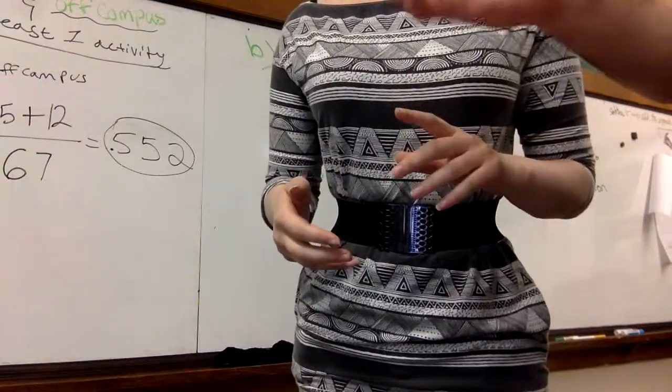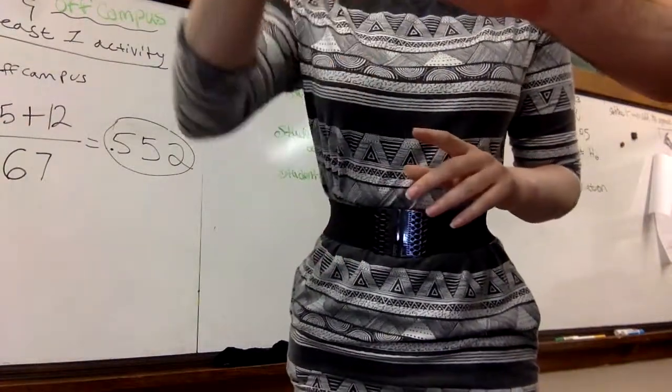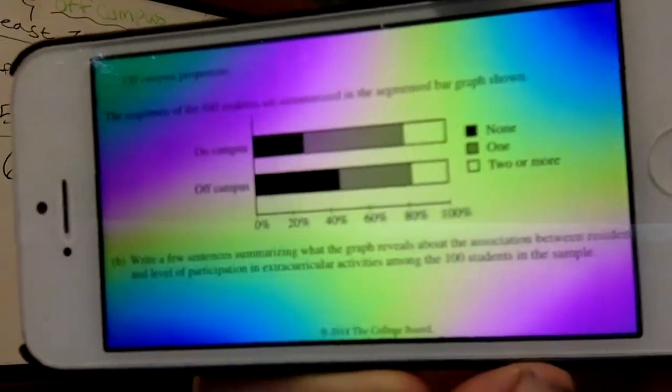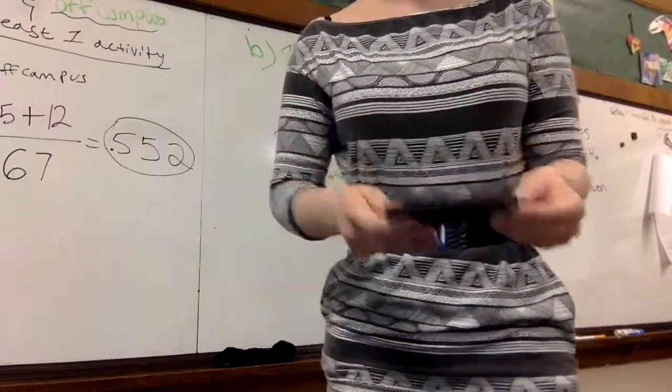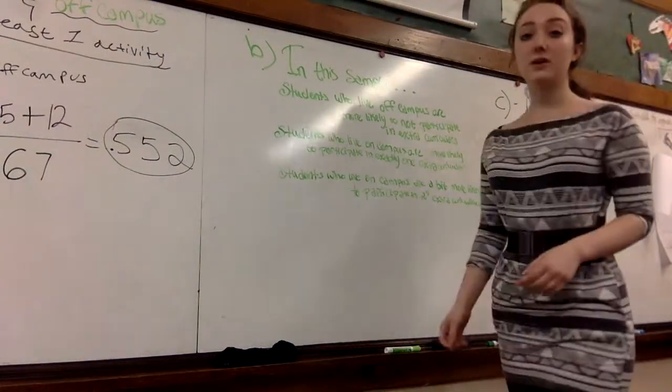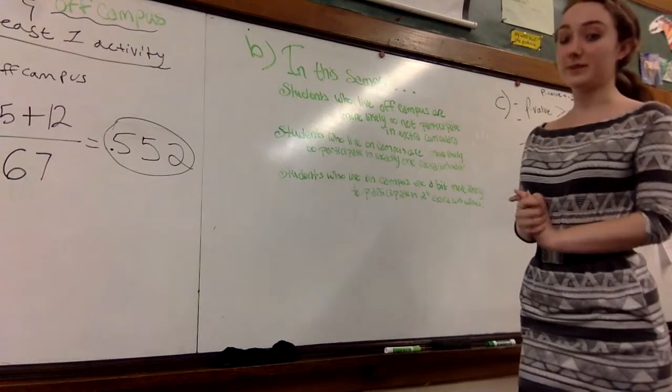Part B asks you to summarize the results from the two-way table. It's a little psychedelic, but bear with me. For the sample size of 100 students, comparing the association between whether students live on or off campus and their extracurricular participation.